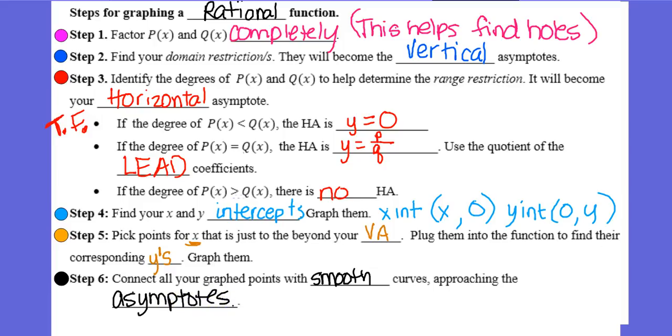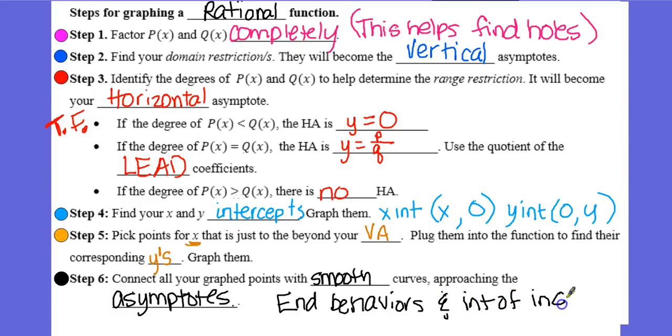Okay, and then we'll identify all our other critical information that you will be asked to identify on the test. So we will also look for end behaviors and intervals of increase and decrease.